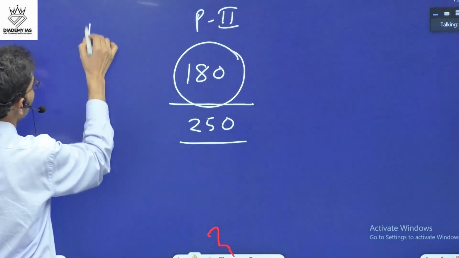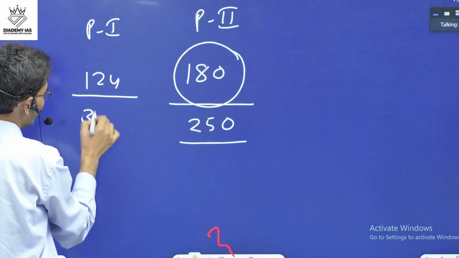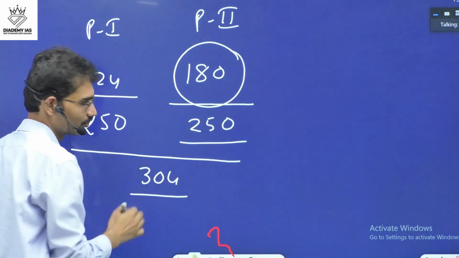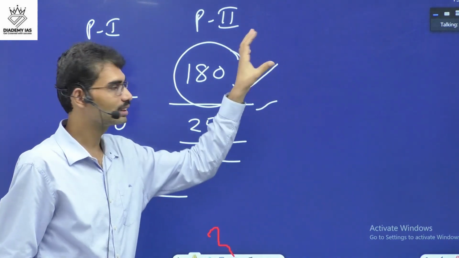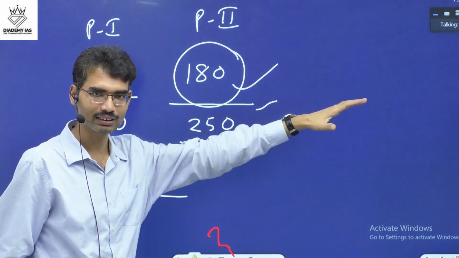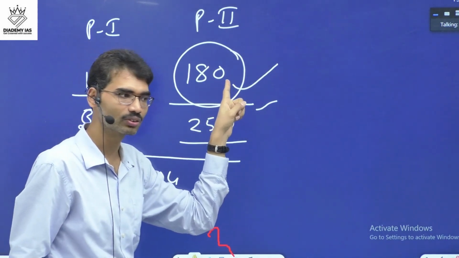The same student got around 124 out of 250 in paper 1. Total, he scored 304. You will see figures like 180 in science papers like mathematics. But in history, UPSC is awarding this score.